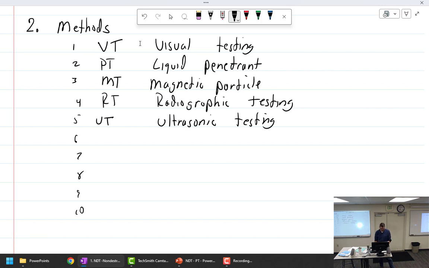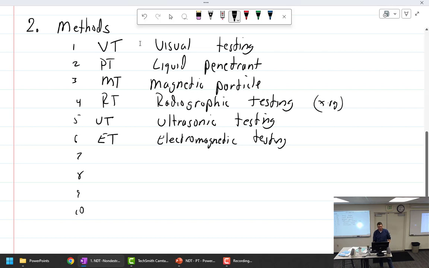Eddy current, or ET. Electromagnetic testing. Well, I can back up. Radiographic testing, or X-ray. Just like when you go to the doctor, you get an X-ray if whatever's broken.